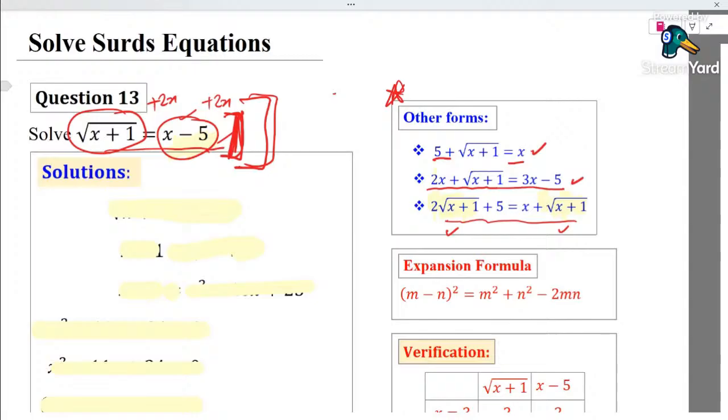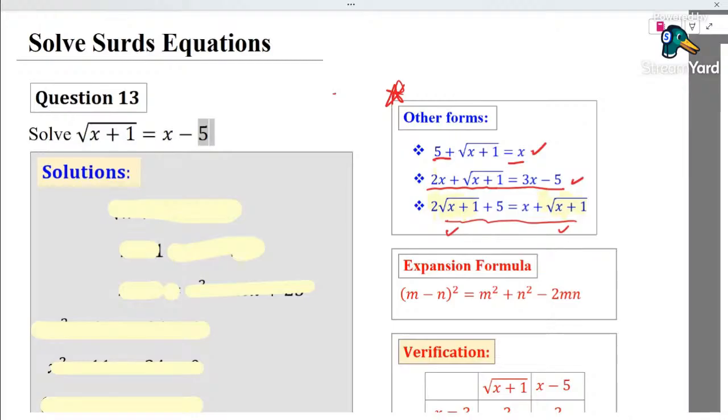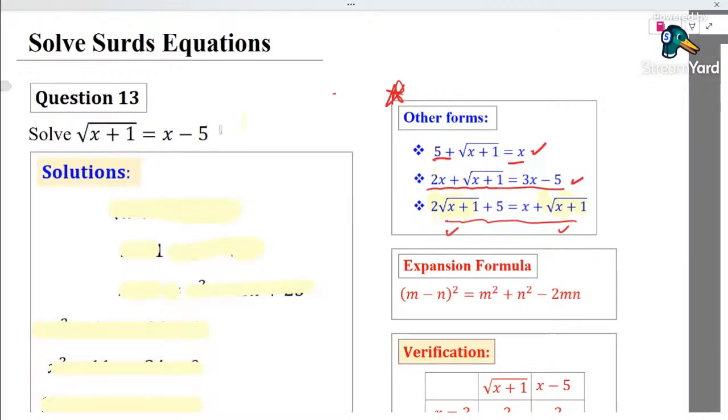What is the condition you need to have before you square both sides? Okay, let's see. In this case here, we have only 1 square root. The formation that we need for solving 1 square root is that you must try to arrange the equation such that only one side consists of square root, the other side without square root. Then only you start to consider squaring both sides.